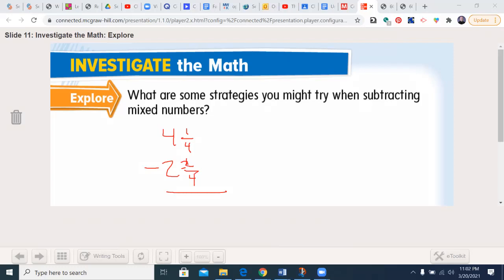What you can do sometimes, because you can't subtract 2 from 1, is you could regroup and make this a 3. And then because there's 4/4 in a whole, you add the 4 up here and you get the 5/4. 5 minus 2 is 3. You don't subtract the denominator. 3 minus 2 is 1. So that is something that you might come across. It's much more common with the homework that they give in middle school, but that way you've seen it at least if it comes up in this lesson.